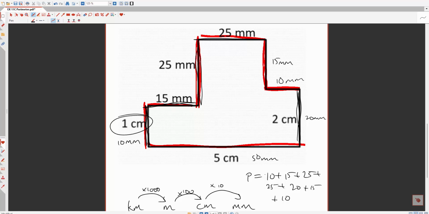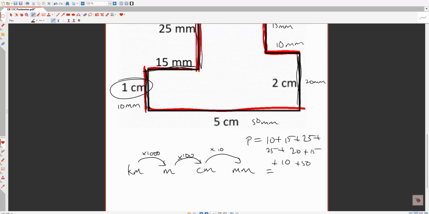Okay, so it's got 10, 15, 25, 25, 15, 10, 20, and I forgot the bottom, which is 50. Alright, so let's stick them all together. 25, 50, 75, 95, 110, 120, 170 millimeters is our perimeter. So there you have it.